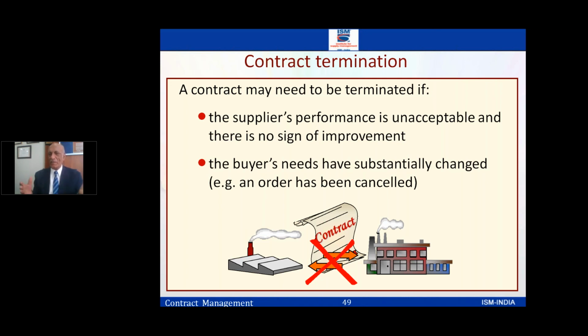So in all those cases, we want to terminate from our side. Second, it could also come from the performance side. You decided on the supplier based on selection and appraisal, but later you found this supplier does not meet your expectations, too many changes are there. So in both situations, there's a contract termination. Contract termination leads to a breach, but breach has its own remedies.